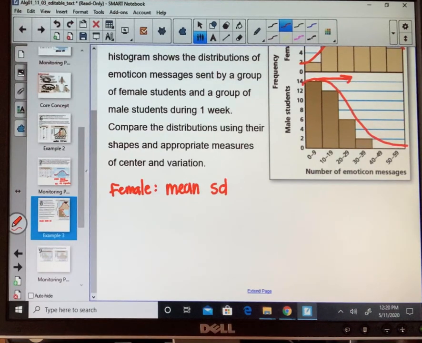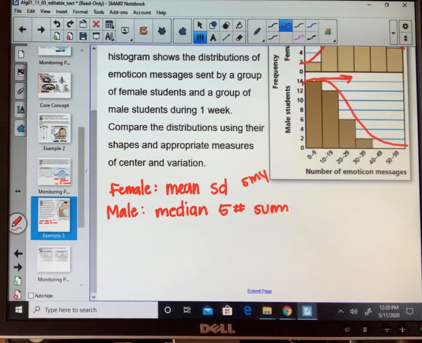So for the guys, I would definitely have to use the median and the 5-number summary. Okay, so for this one, I would say symmetric, it's normal, and for this one, I would say skewed right. And that's why I'm using the median, right?